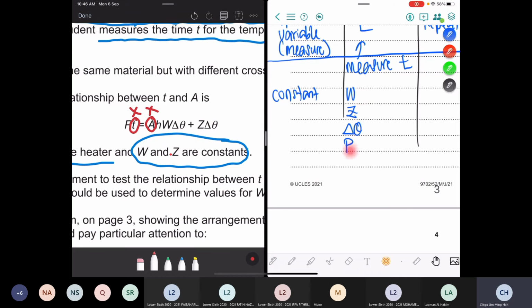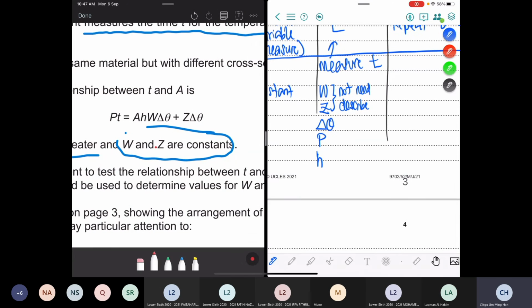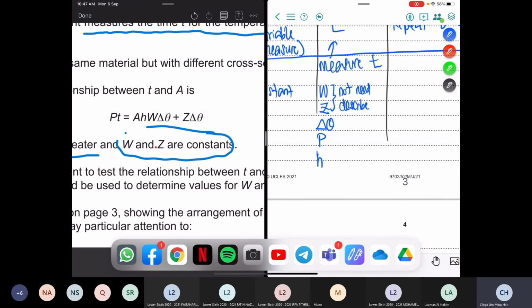W, Z, if you look at the side, there is one more. H. Yes, correct. So you have H. Alright, so these are the constants. So this one no need to describe. Alright, thank you, Mizan. So let me look at the list again.